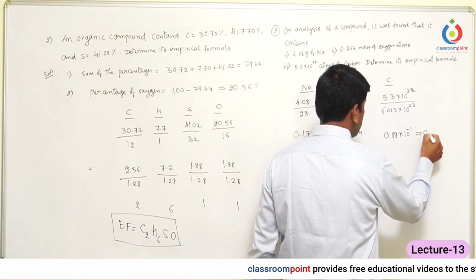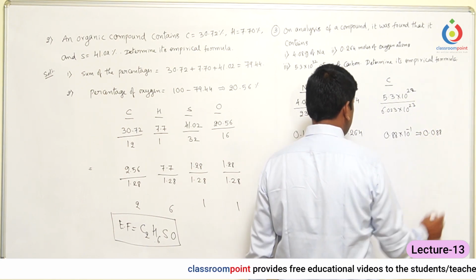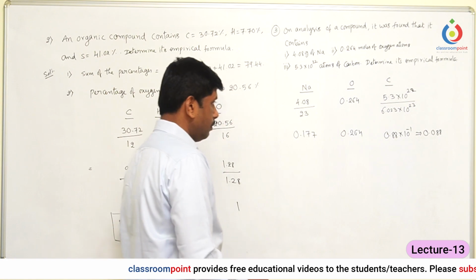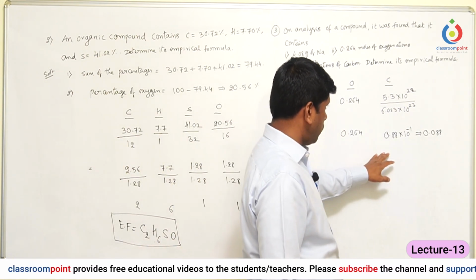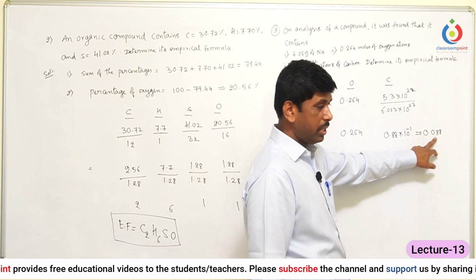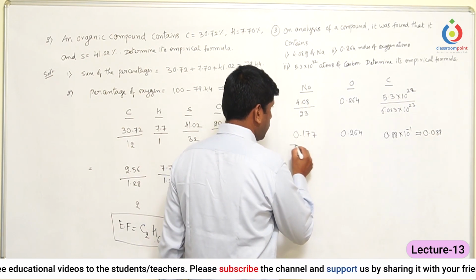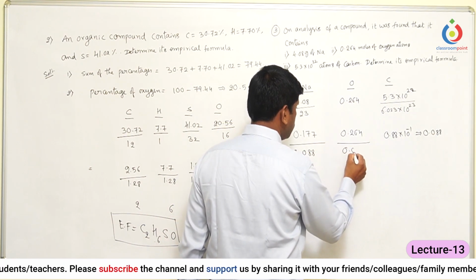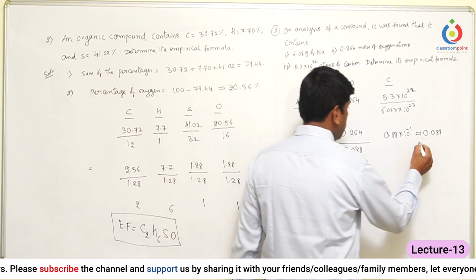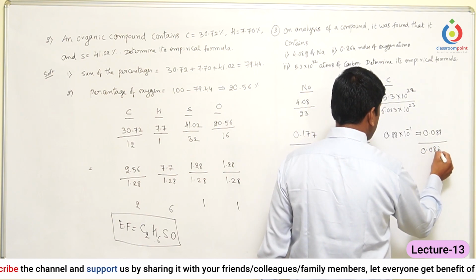So that value equals 0.088. So we have to divide all these values by the smallest number among these. This is the smallest value, so divide with the smallest value, 0.088, 0.088, and here also 0.088.